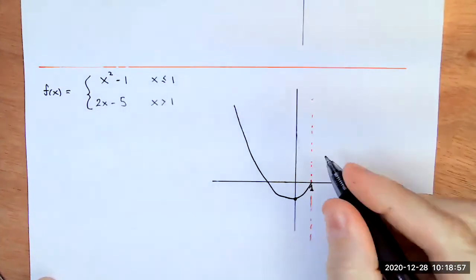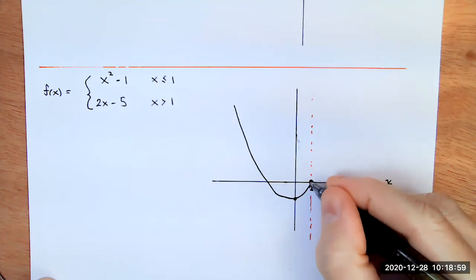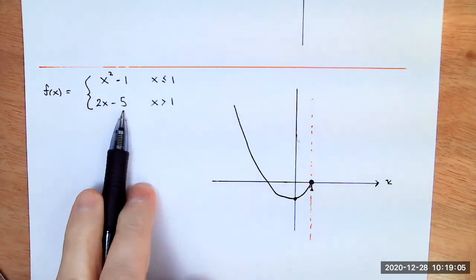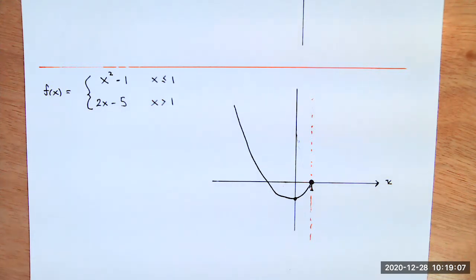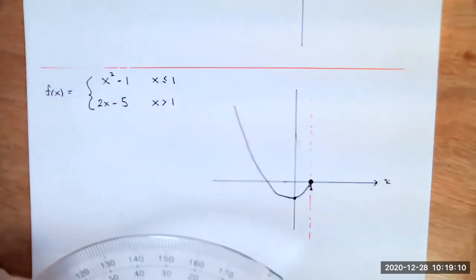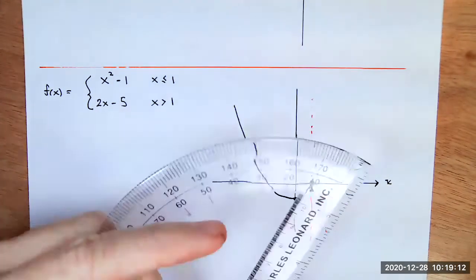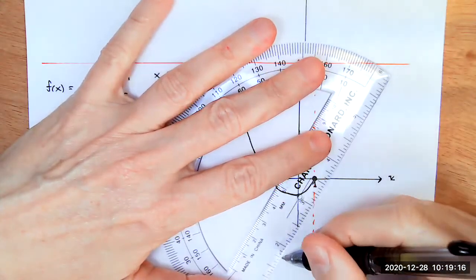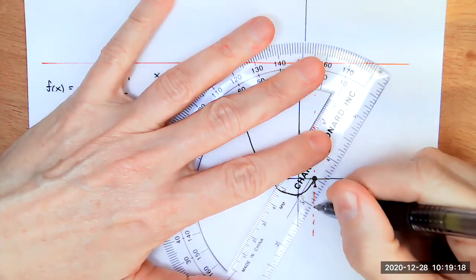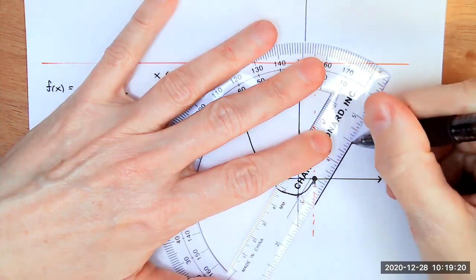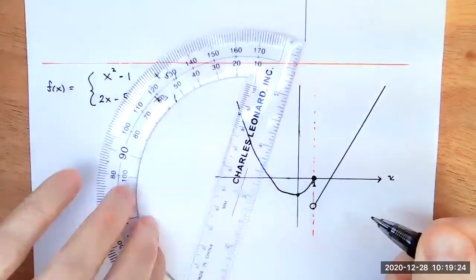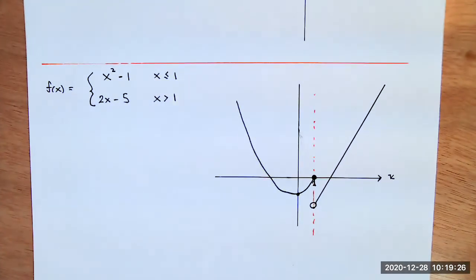And that point, 1, 0, is included in the solution set. And then 2x minus 5 is a line with slope equal to 2 that goes through 0, -5. So it's going to start down here. Of course, we're going to start here at x equals 1. And that part gets an open circle.